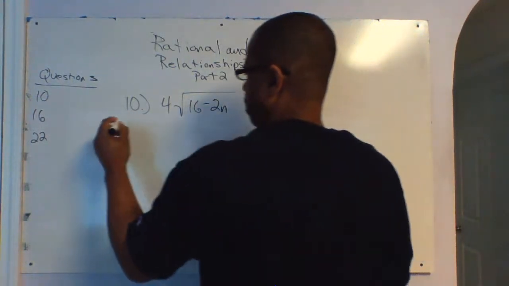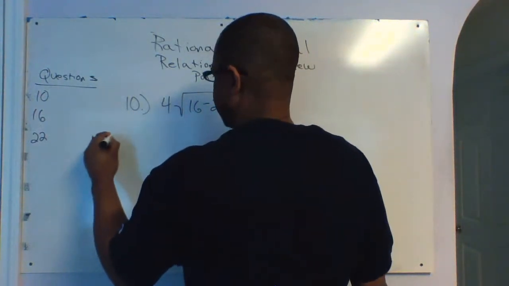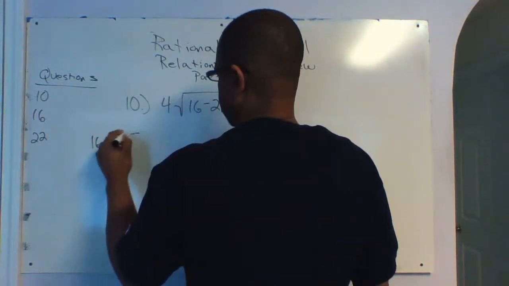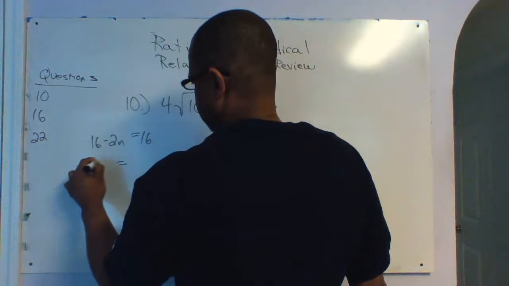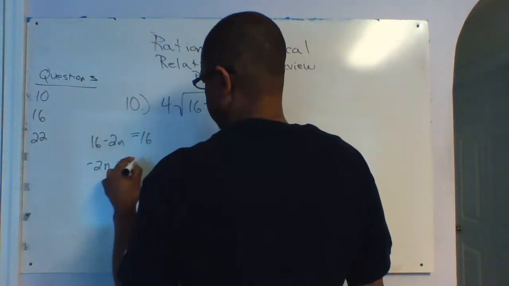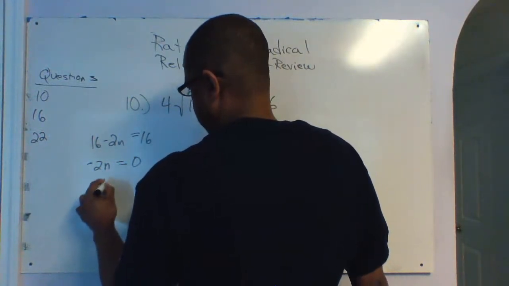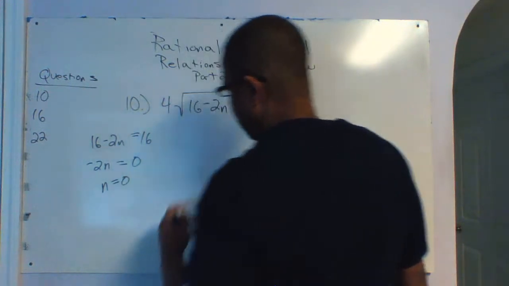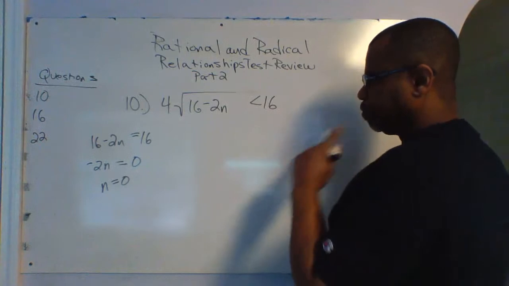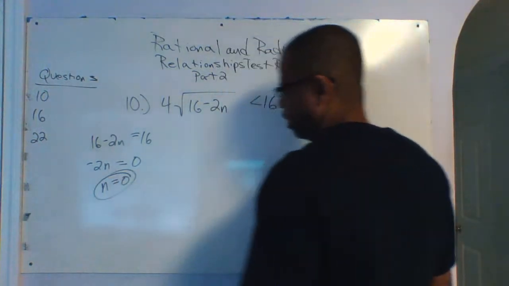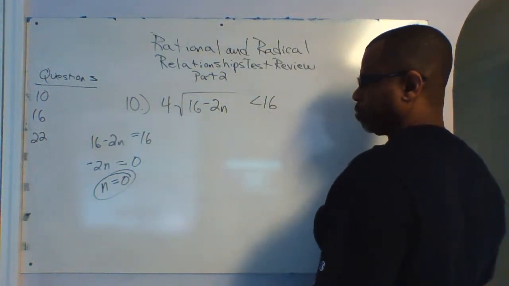So we'll come over here and do 16 minus 2n equals 16. So that's a -2, and that's going to be 0. So n equals 0. We have to make sure that n is going to be included.